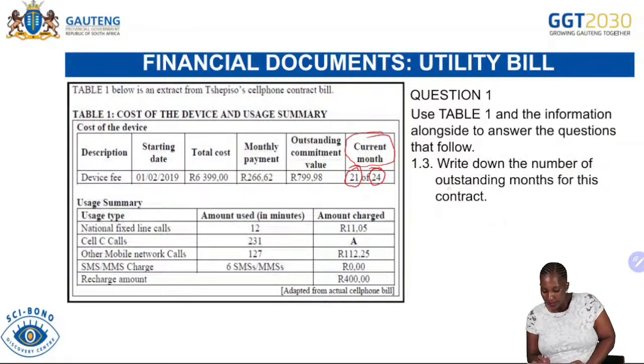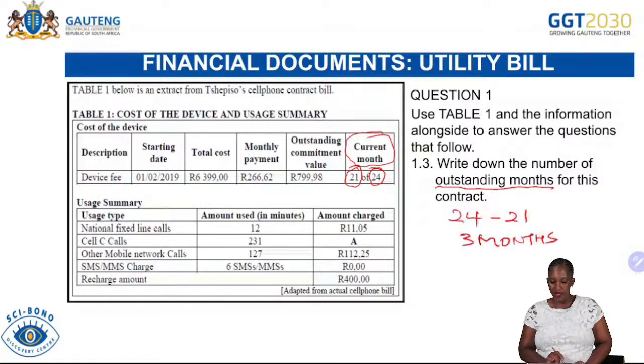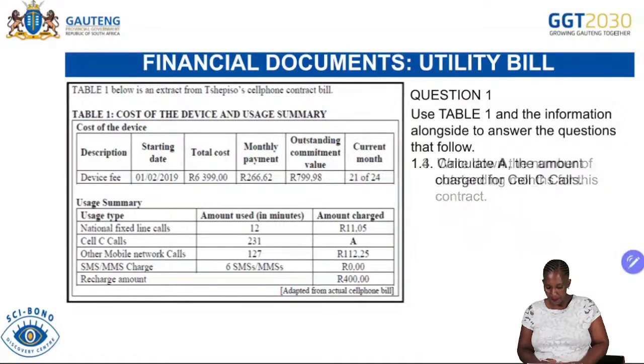How many months are remaining? From the 24, you subtract 21, so only 3 months remaining.